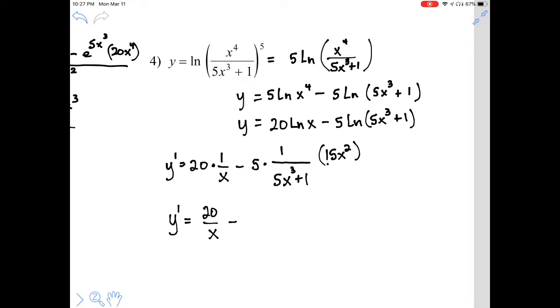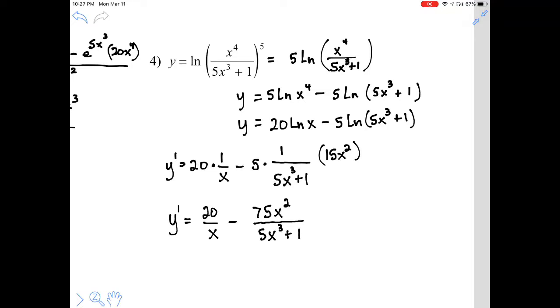And then the 15 here multiplied by the 5 there is going to be 75x squared over 5x cubed plus 1.